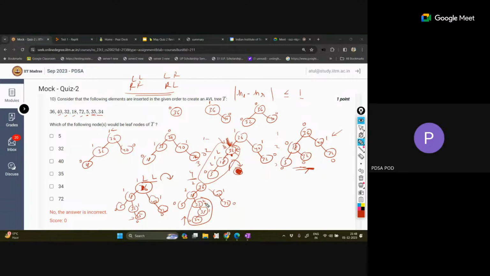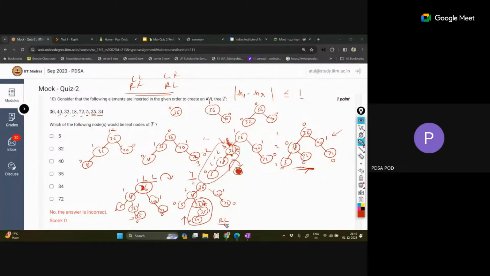But what is the type of rotation we will apply in this case? We look at 32. Which side height is greater from 32? Right side. So we note down the first R. Then move to the child node of 32 on the right and check which side height is greater from 35: left.